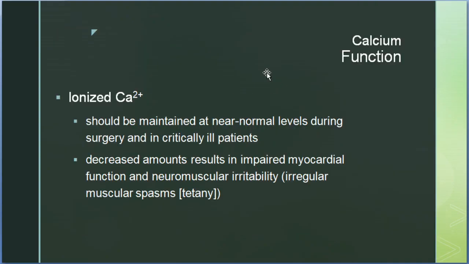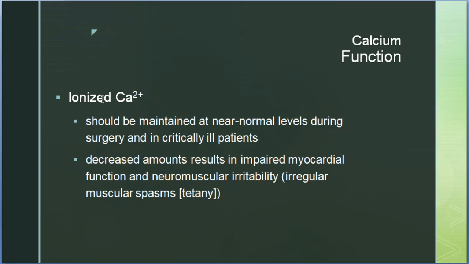So your ionized calcium should be maintained at near normal levels during surgery and in critically ill patients. Why do you think? We have to check first the serum calcium of our patient prior to surgery because a decrease of your ionized calcium can impair myocardial function.